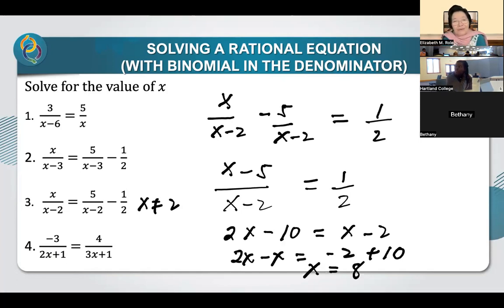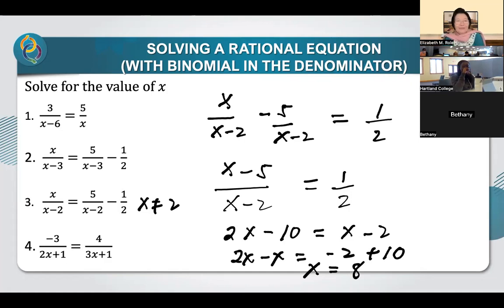So this kind of equation, oh, I'm sorry, I think I am doing number 3, and it is almost the same as number 2 anyway. So x over x minus 2 equals 5 over x minus 2 minus 1.